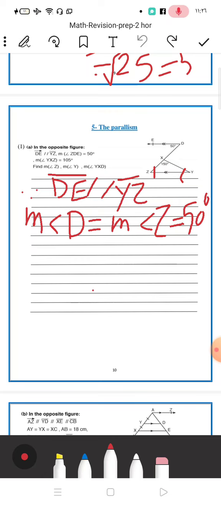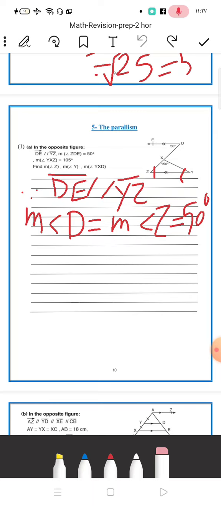Because these two angles are alternate angles in the form of Z. If there is a parallel relation and one transversal cuts these two parallel line segments, then the two alternate angles are equal in measure. So the measure of angle D will be equal to the measure of angle Z.